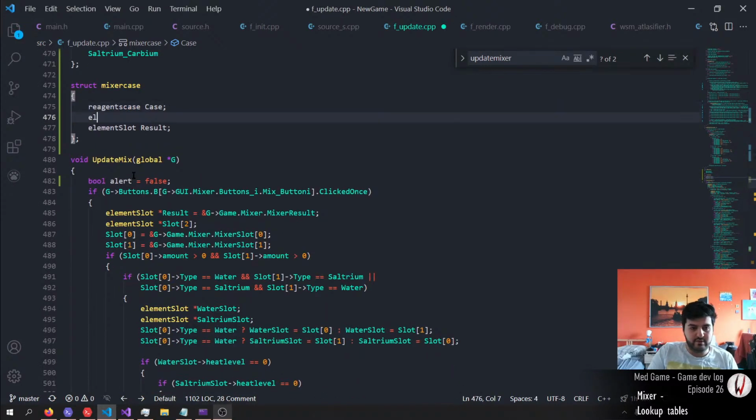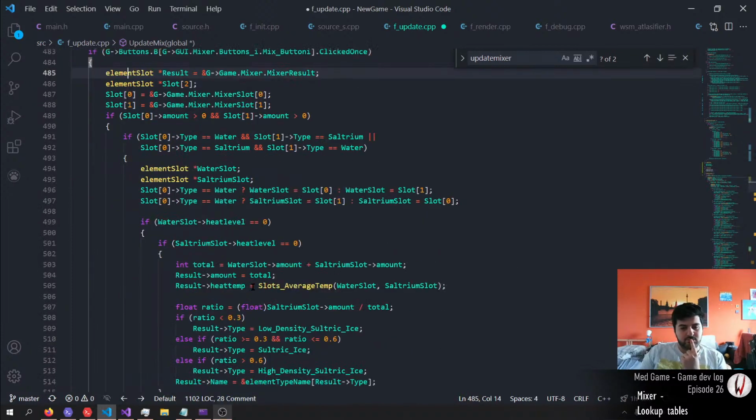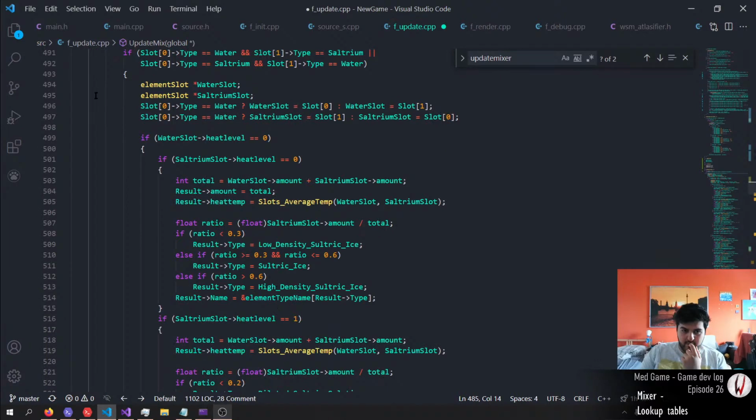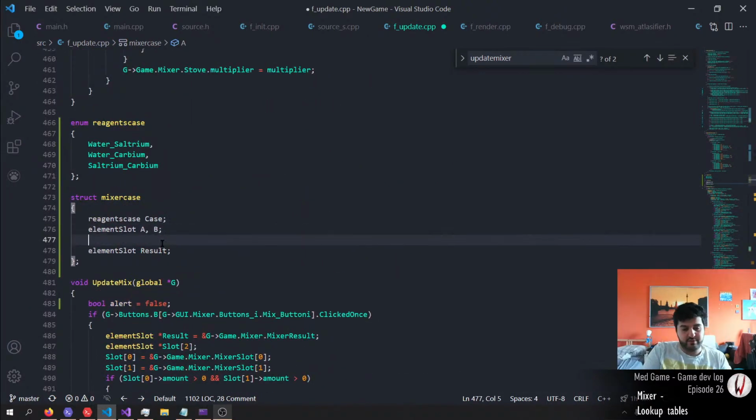We have then element slot A and B. These are the reagents. Because I'm going to have to write this more or less, all the different ones, and we have a ratio.